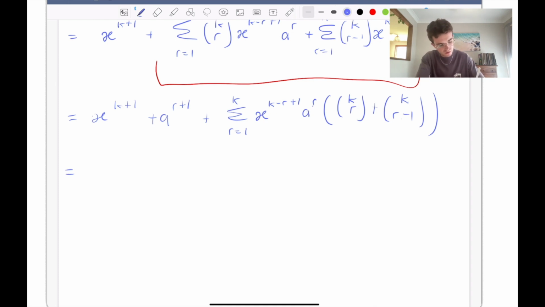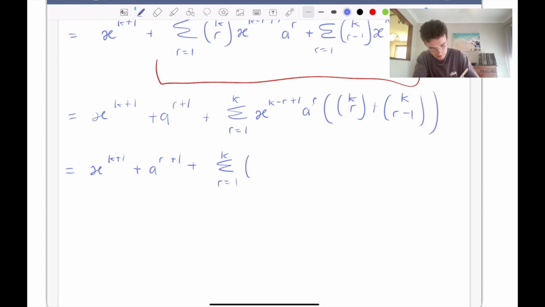So we've got x to the k plus 1 plus a to the r plus 1 plus the sum from r is 1 to k of k plus 1 choose r times x to the k minus r plus 1 times a to the r.